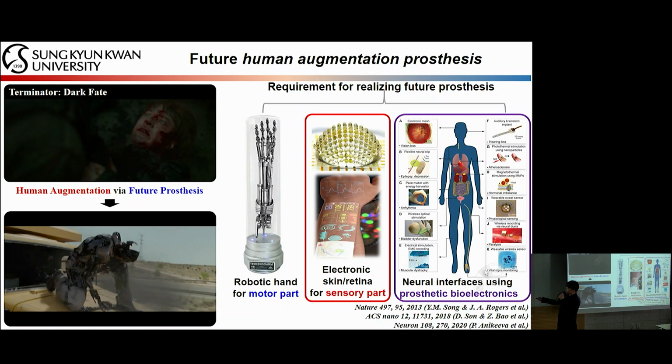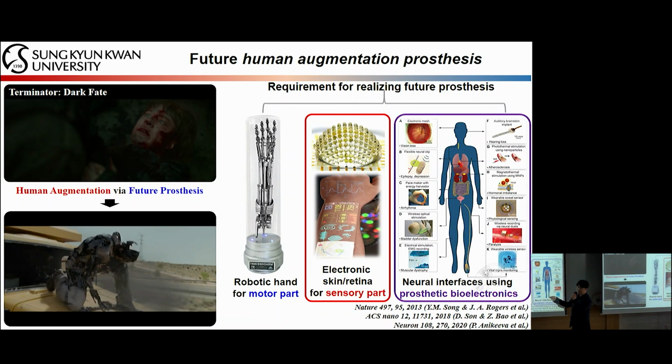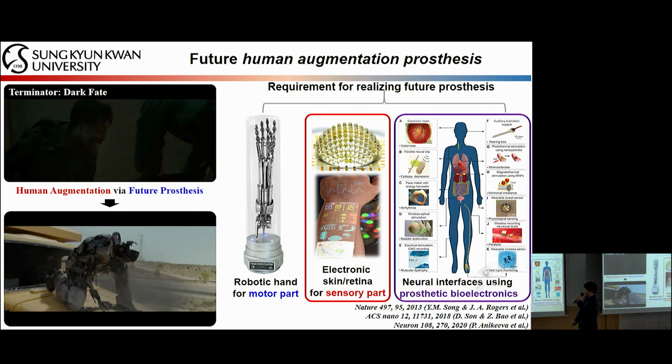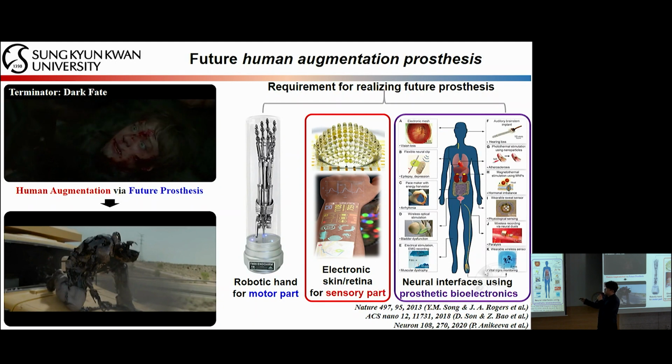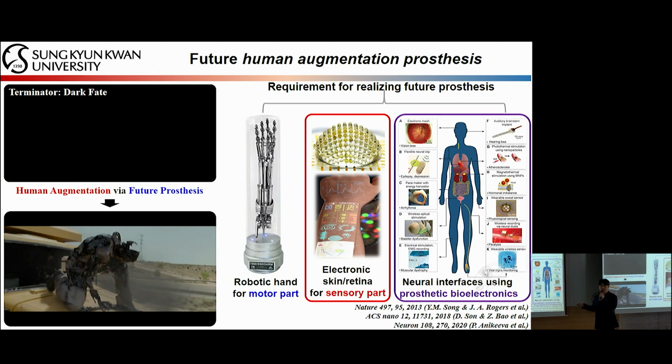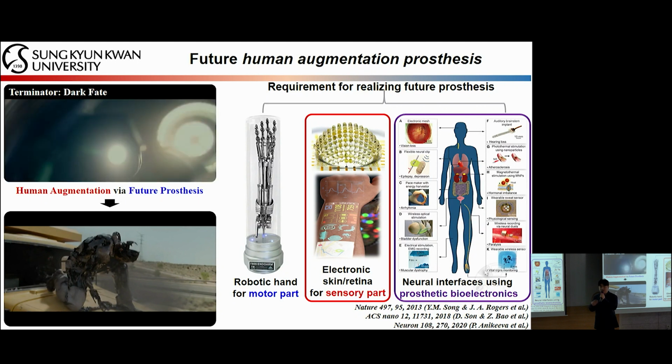I introduced the recent movie, The Terminator: Dark Fate. Do you know it? Please watch the short movie. In the future, the woman soldier was attacked by the Terminators, so she decided to undergo a surgical operation for human augmentation using a future process.